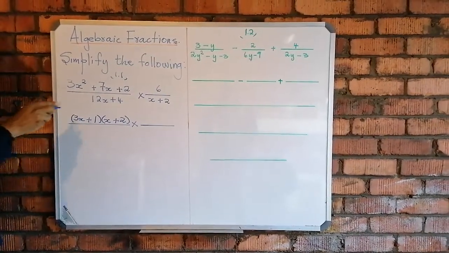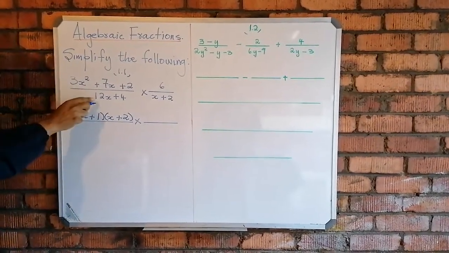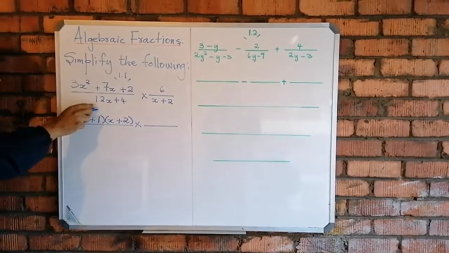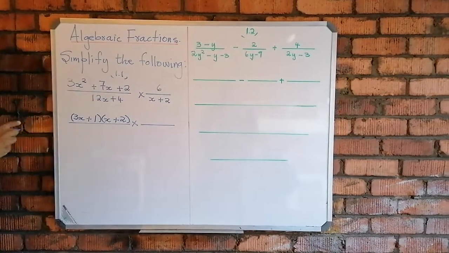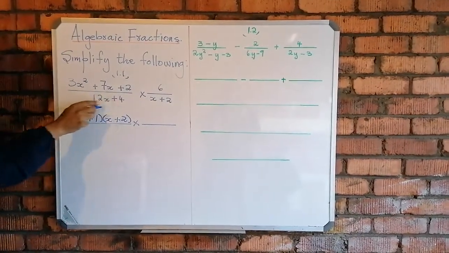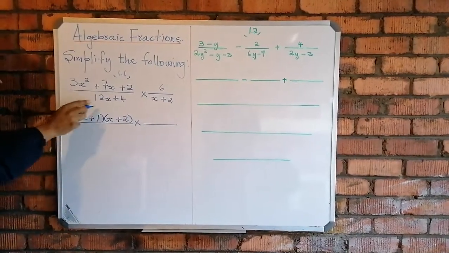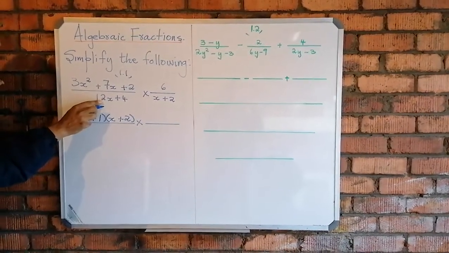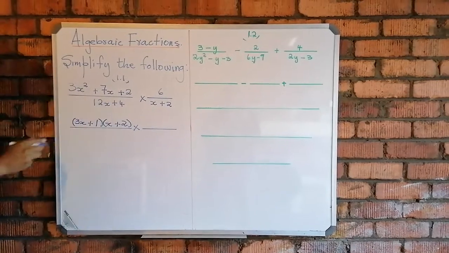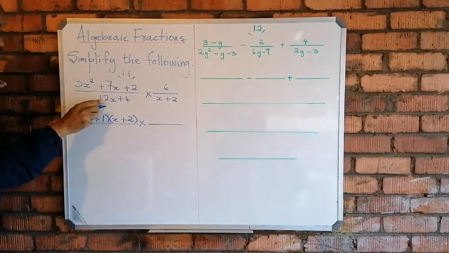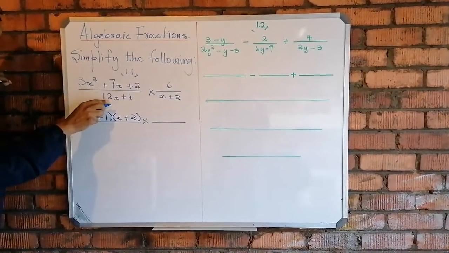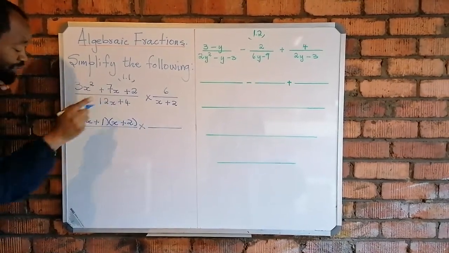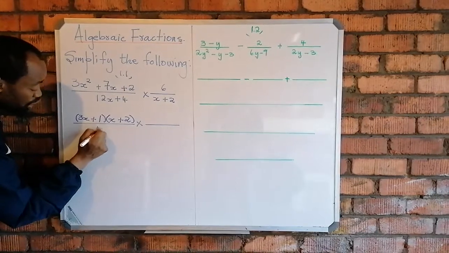I'm visiting the second expression, which is 12x plus 4. I can see that it is a binomial and I don't have perfect squares. But there is a common factor in 12 and 4. And not only a common factor, the highest common factor. The highest common factor between 12 and 4 is 4.